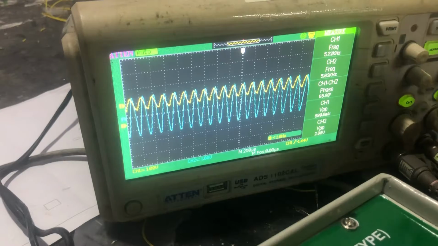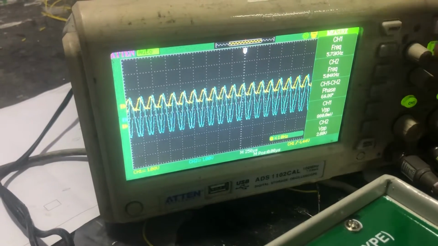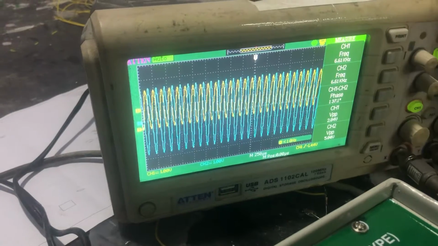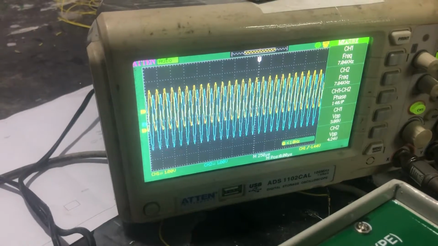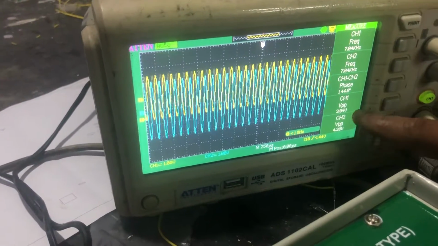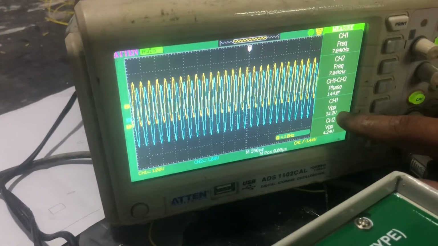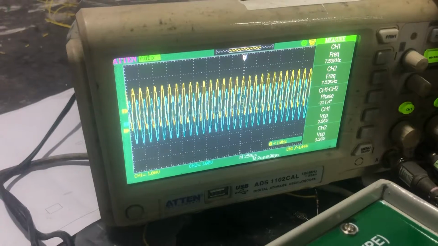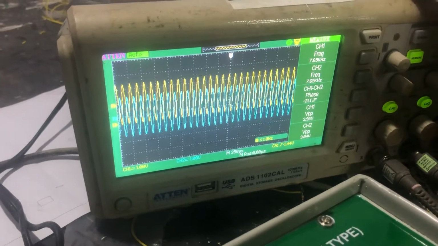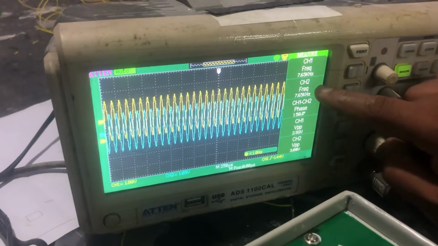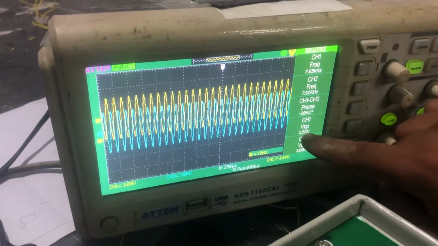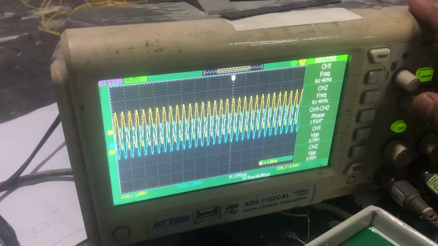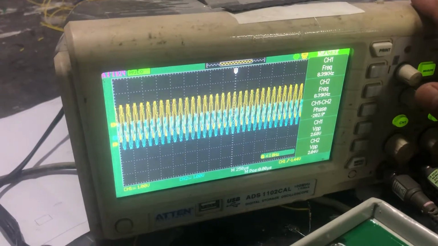This is passing. When I increase it to about 7 kilohertz, channel 1 is 3.08 and channel 2 is 4.24, also passing. At 7.65 kilohertz, channel 1 is 2.96 and channel 2 is 2.76, also passing.